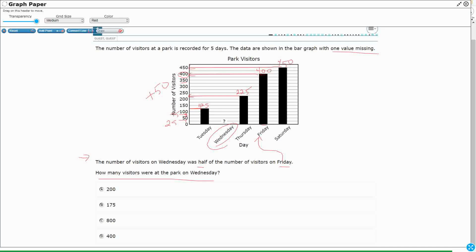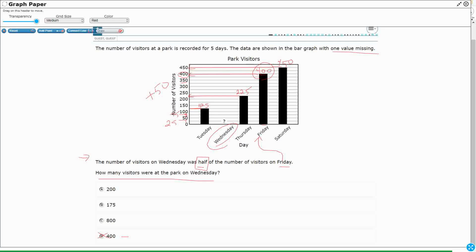Now, obviously, one of our answers could be 400. We see this 400 right here. And if we pick that, we're going to get the wrong answer because we need to deal with this word half.